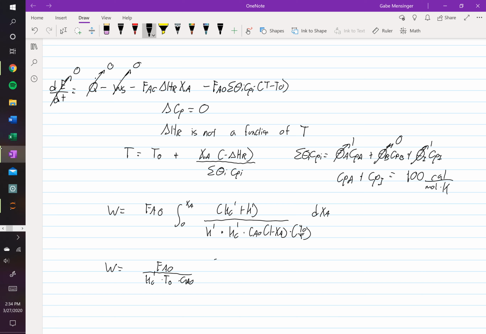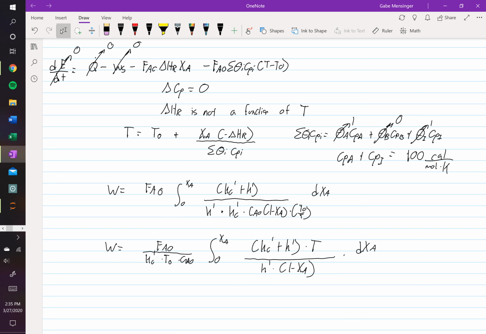So that's going to give us our mass balance integral of the form KC prime plus K prime times T over K prime times 1 minus XA times dXA, where T is a function of conversion based off of the energy balance, which we just found.